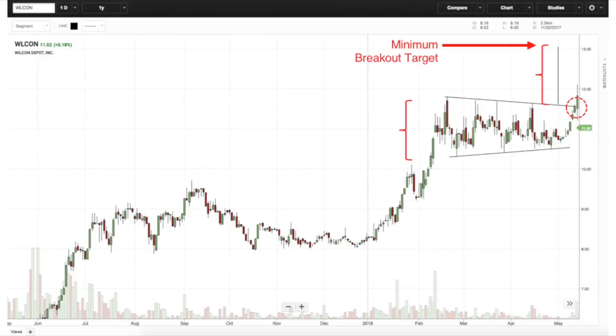If I'm holding Wilcon at this particular juncture, at the minimum, I will consider selling if it hits that minimum breakout target. Looking at where prices are now, I think that's around 12.9 to 13, if I'm not mistaken. However, what if it goes back below my breakout point?